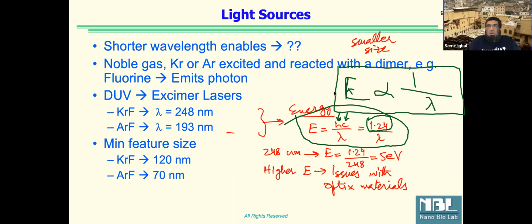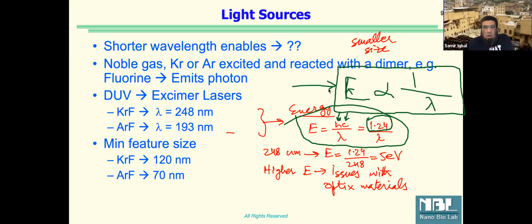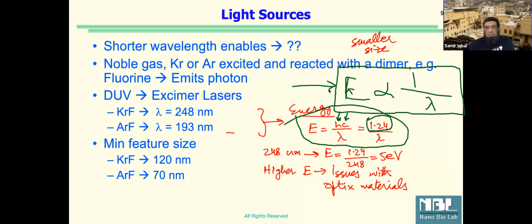H is Planck's constant, so it's just a constant. What I'm saying is, if you make lambda smaller and smaller, what will happen to energy? Wouldn't it get bigger? It gets bigger and bigger, right? Yeah. So that's a simple relationship: E is equal to hc over lambda, or E is inversely proportional to lambda.